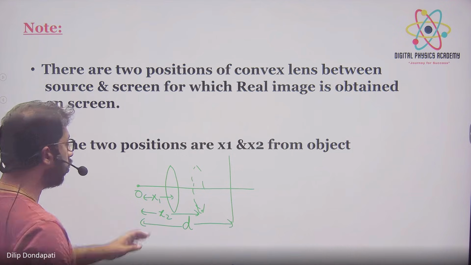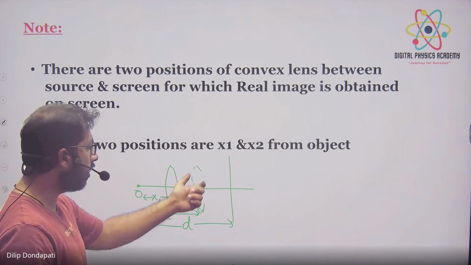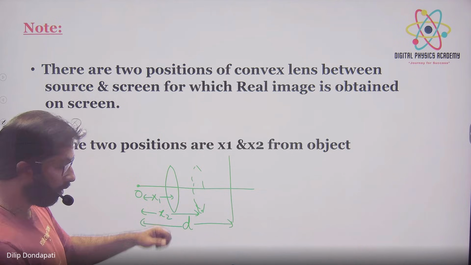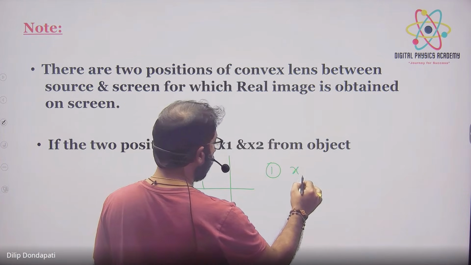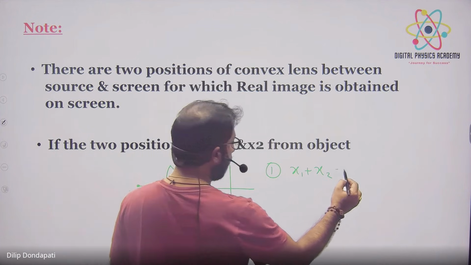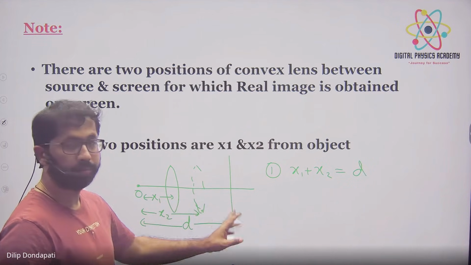So always we have two positions, at x1 or x2 from the object, where the real image is formed, and the distance between the object and the screen is d. Now we have a relation between them. What is the first relation? If I add both, x1 plus x2 will be exactly equal to the distance d between the object and the screen.